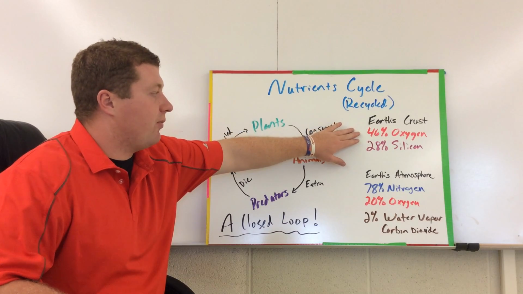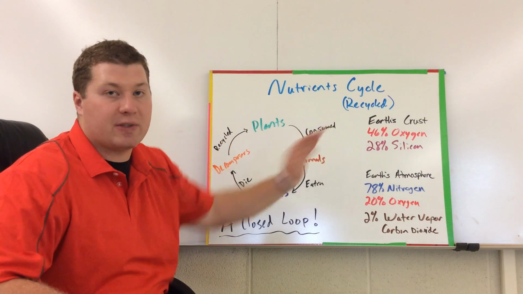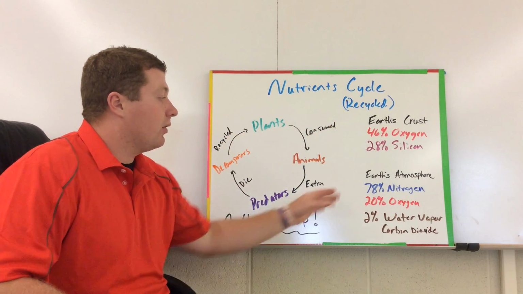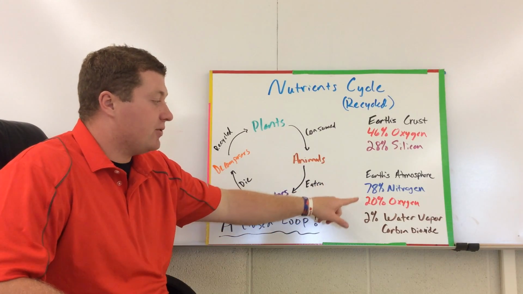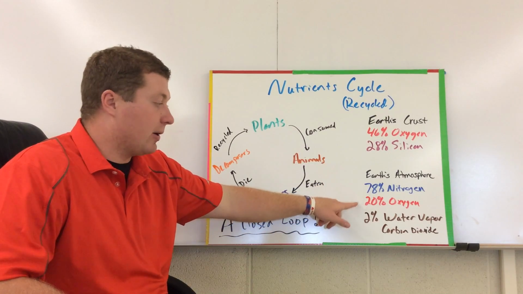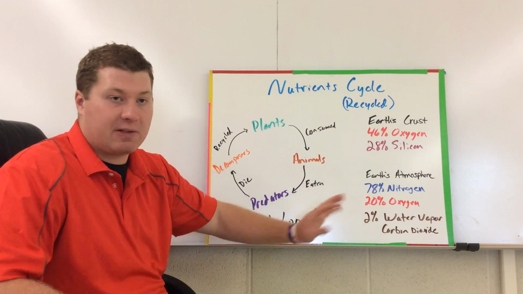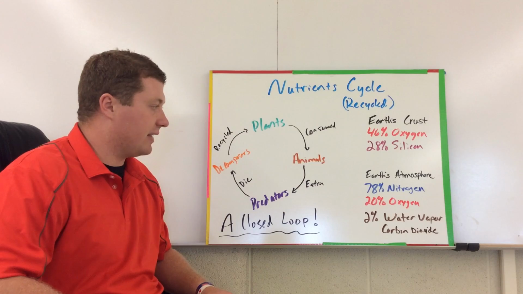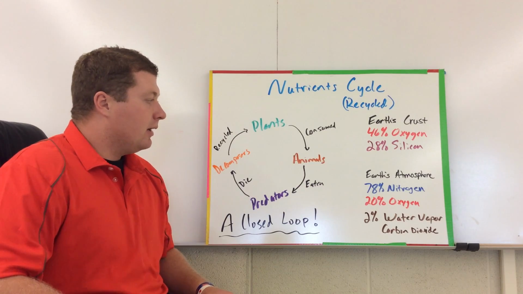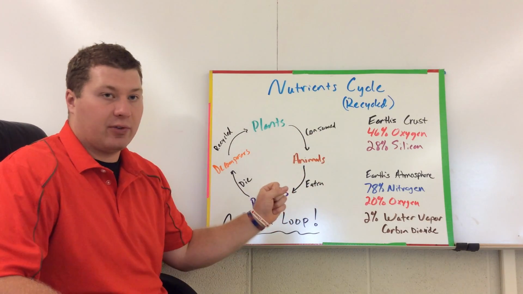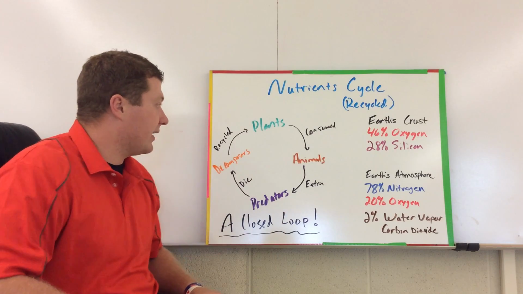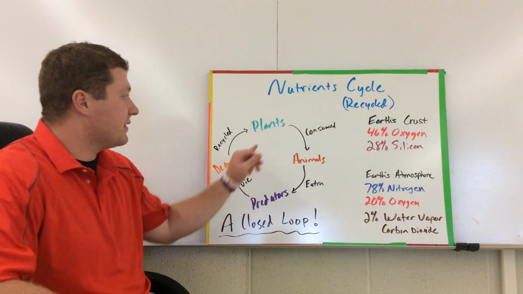Earth's crust is made up of 46% oxygen and 28% silicon. Earth's atmosphere is 78% nitrogen, 20% oxygen, which is the part we breathe, and 2% water vapor, carbon dioxide, and a whole bunch of other things that are in the atmosphere. Here's kind of the overall view of this.